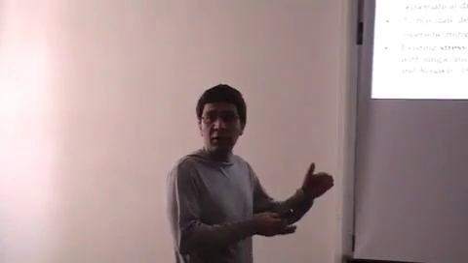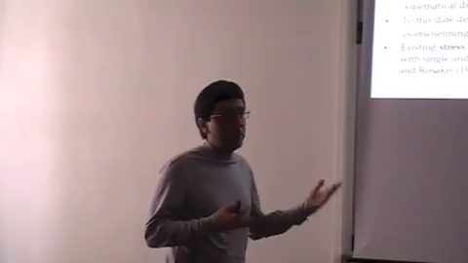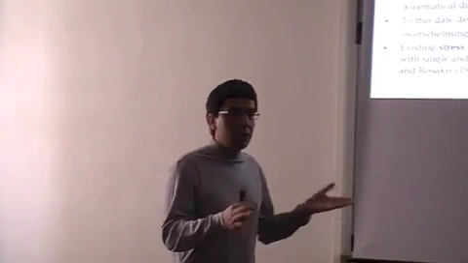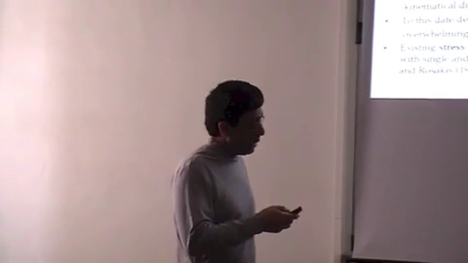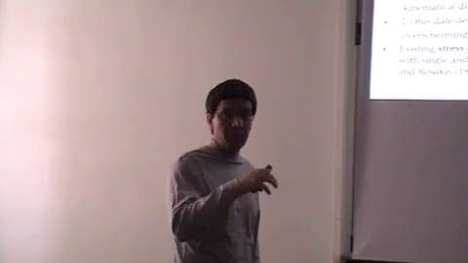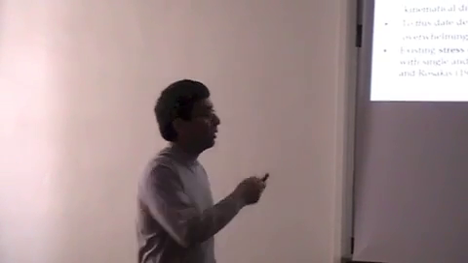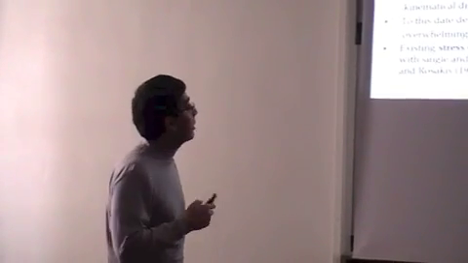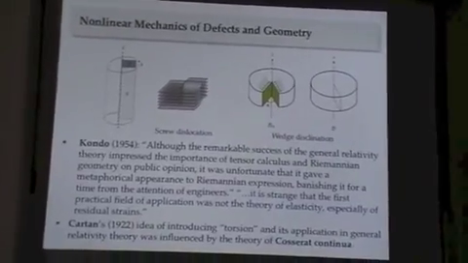But this connection was lost, and after maybe 150 years, no one really looked at compatibility equations, for example, for non-simply connected bodies. So this is something I recently looked at, but I thought that history was interesting. And okay, so these are a couple of examples of defects.